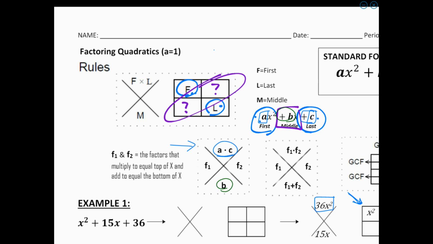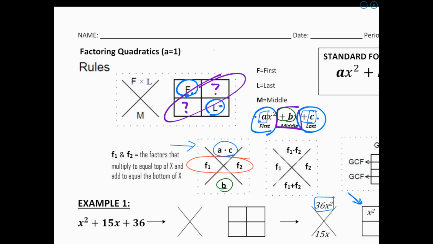In your warm-up today, you were given a number like 12 or something, and asked what two factors of 12 will add up to equal 7 or something, right? So you were asked what two things multiply together to give you 12, but then add together to give you 7. 3 and 4.